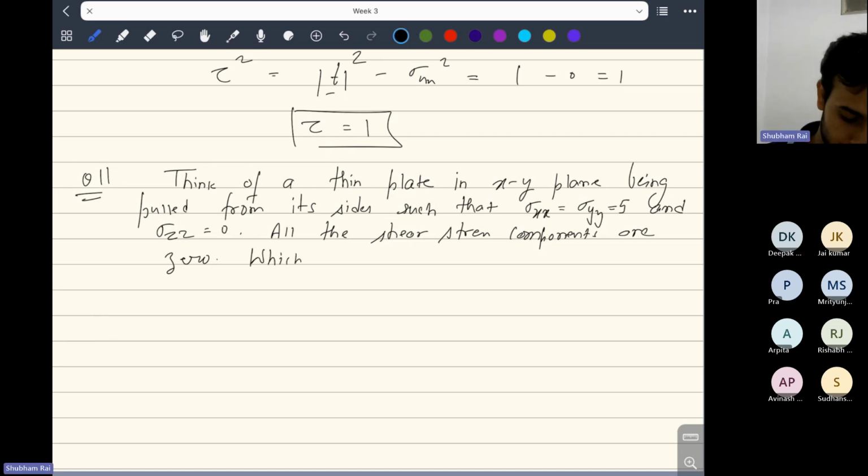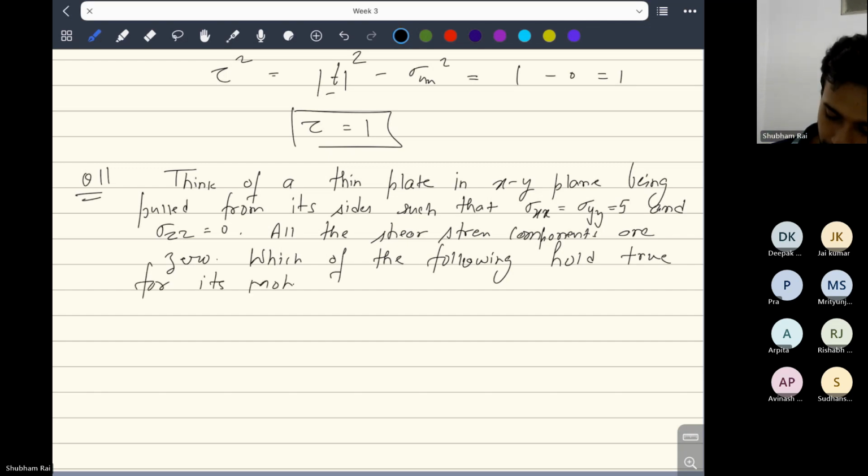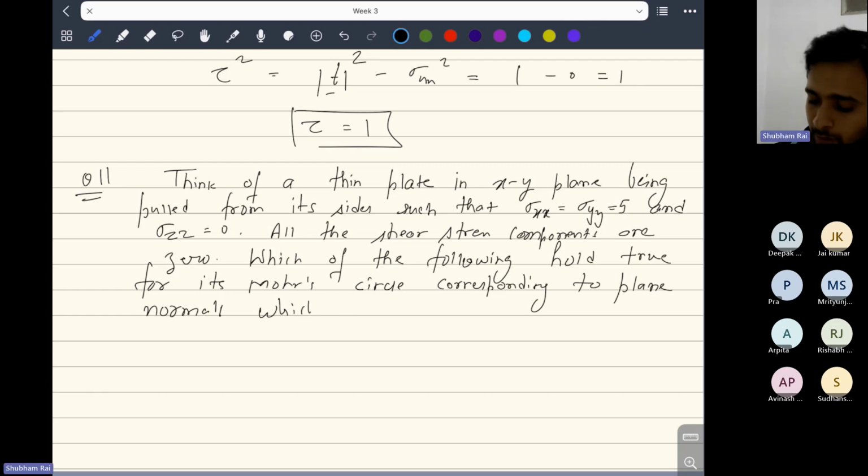So you have to say which of the following hold true for its Mohr circle corresponding to plane normals which are perpendicular to x-axis.